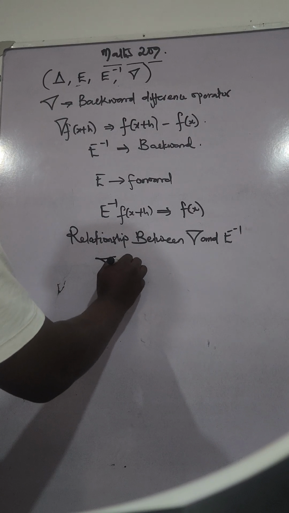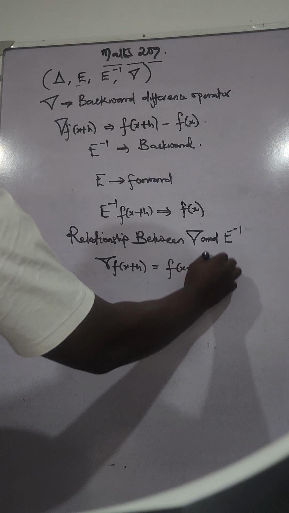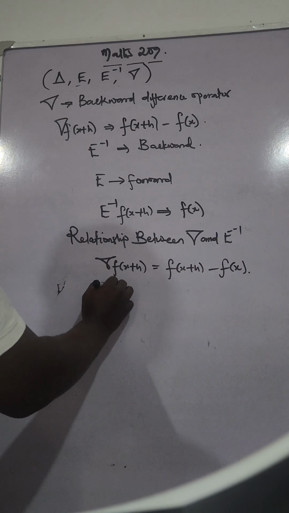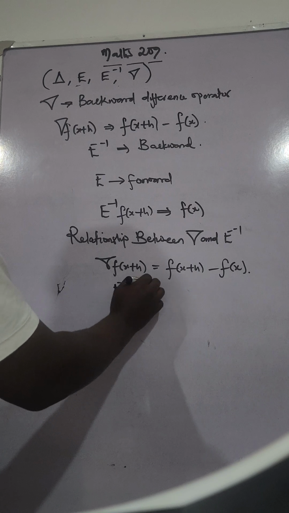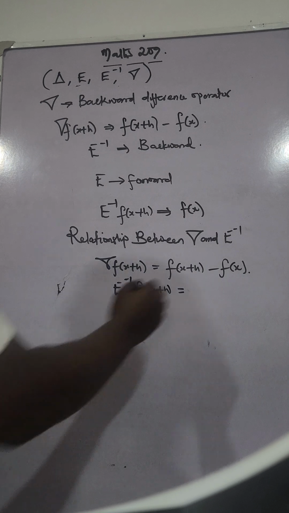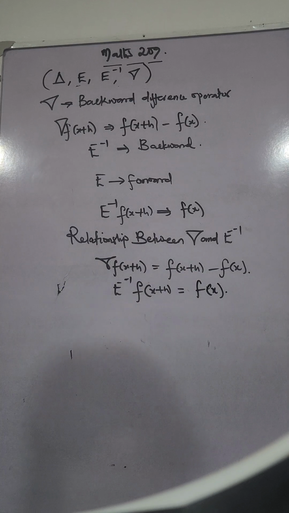Remember, the backward difference of f of x plus h is f of x plus h minus f of x, right? And we recall that E inverse of f of x plus h is f of x itself, right? So let's substitute.